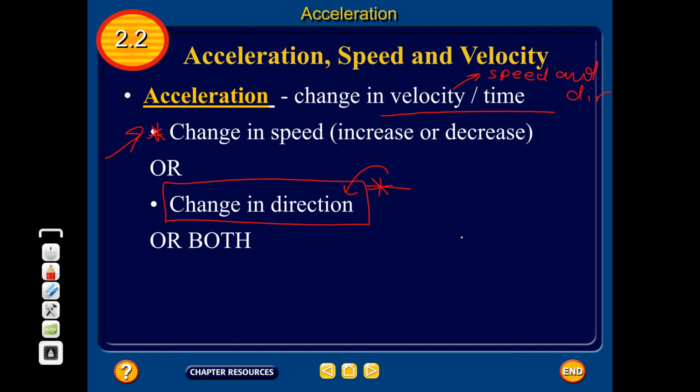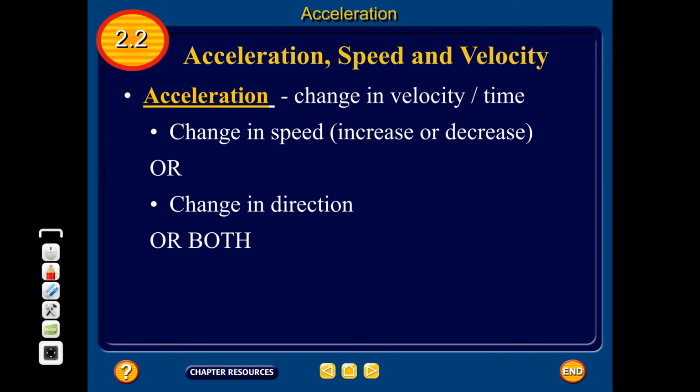If you recall, we had that one diagram where the car was going around a circular track, and we said while the speed stays the same, the velocity is constantly changing because we're changing direction. That means the object is accelerating. So in order to accelerate, we either change your speed or change the direction, or we can do both.